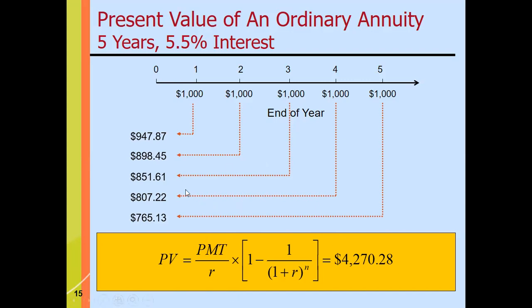Well, if you just perform the mathematics, we can multiply numerator to numerator and denominator to denominator. Remember, if this is 1 minus 1 over 1 plus r to the power of n, this is an exponent, and if we place the quantity in the numerator, that becomes negative n.